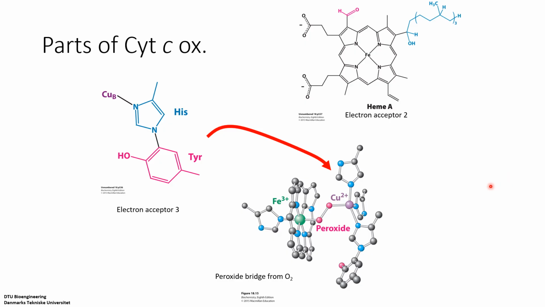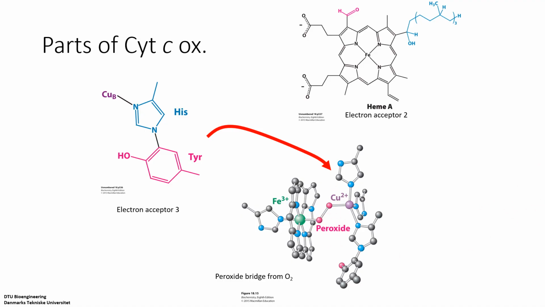Well, the oxidation is straightforward because it is an oxidation of iron 2 to 3, but the reduction that is accepting this is a copper bridge that is broken and reintroduced in this peroxide bridge.